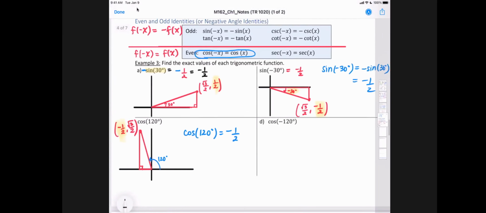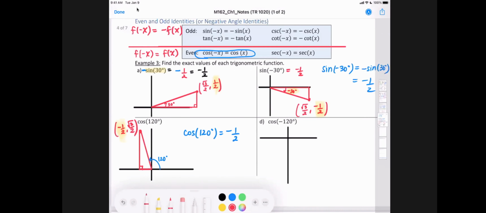If we look at having a negative angle measure, then let's go ahead and draw out this angle. So negative 120 degrees will go clockwise 120 degrees. So 30 degrees past 90 in rotation, right? So you would end up over here in quadrant 3.